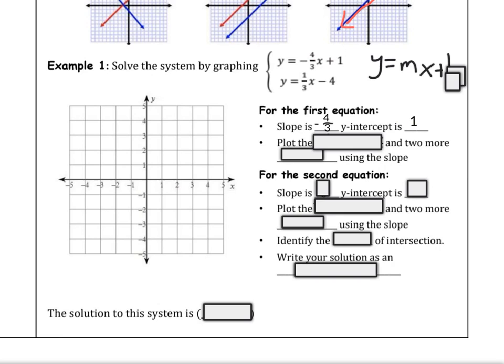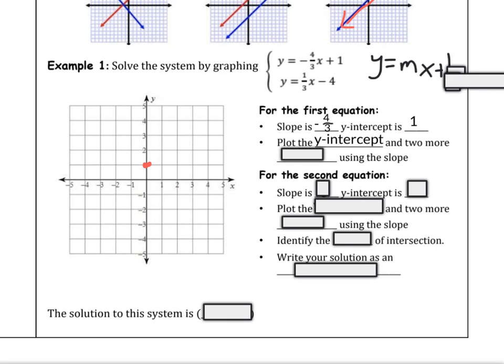Now that we know our slope and y-intercept, let's start by plotting the y-intercept. Our y-intercept is 1. So I'm going to put a point right on the y-axis at 1. That's our y-intercept where it crosses the y-axis.